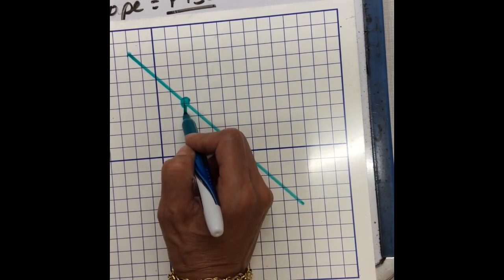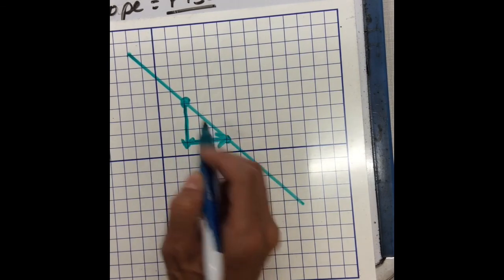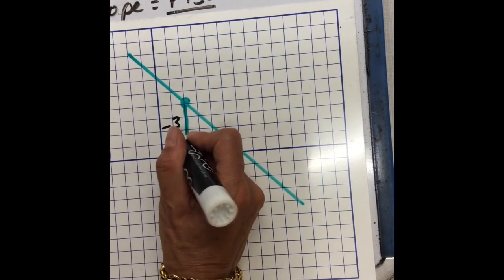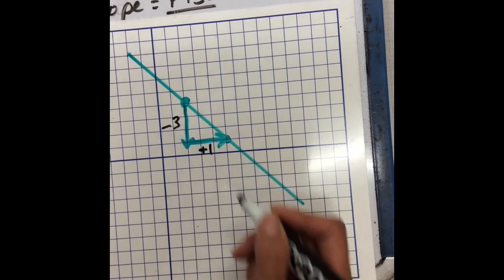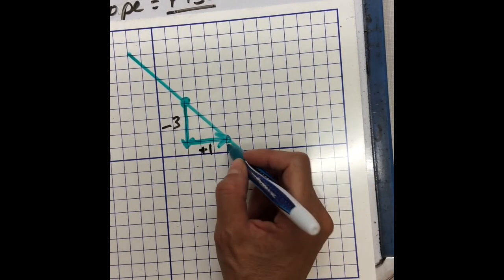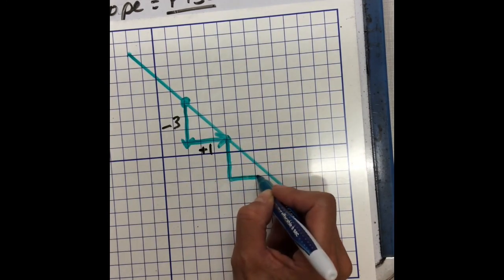So in this case, I am going down 3 and then across 1. To the right is always a positive. To the left, it's negative. And again, 1, 2, 3, 1, 2, 3.